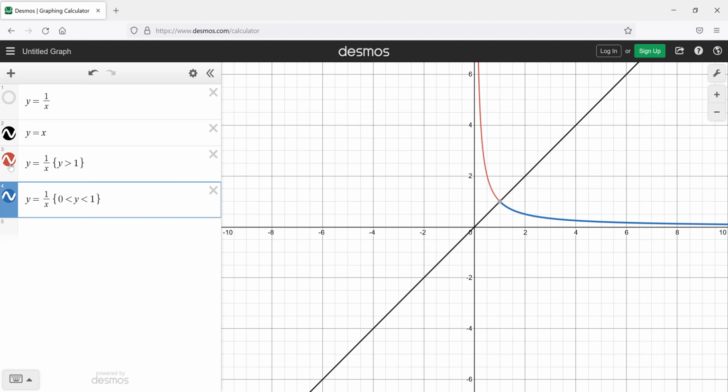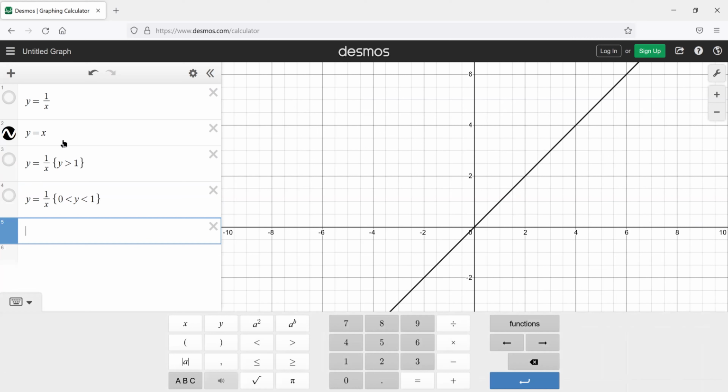So there are a few functions that are inverses of each other where they're exactly the same, and this is one of them. This one's kind of the really well-known one. The other one is y equals x. y equals x, x equals y. See how it's right on the line? It's an inverse of itself.